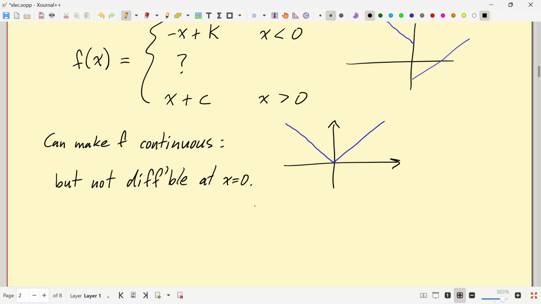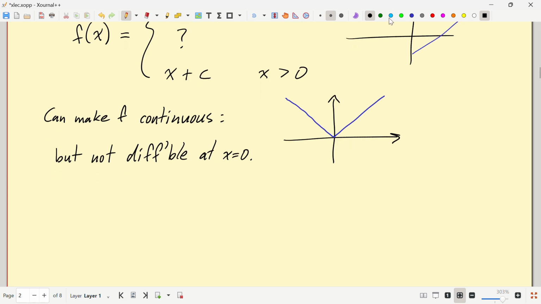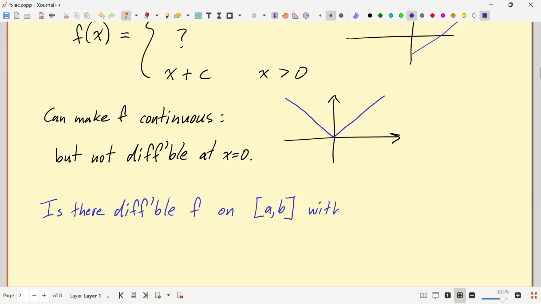So then you think about how the heck can I come up with a function. So here's what I want. Question: is there a differentiable f on AB with f prime not continuous?